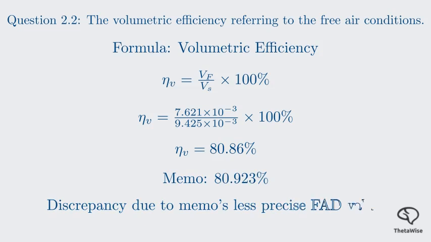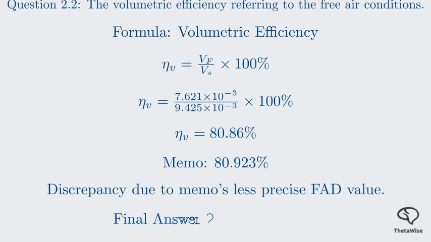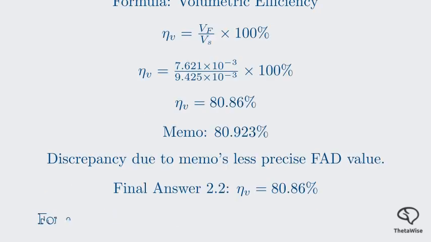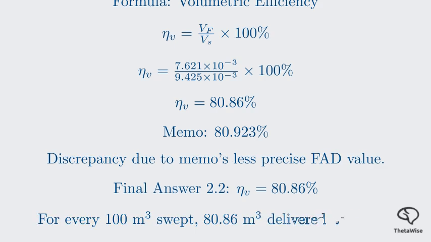Our result of 80.86% is consistent with our more accurate figures. Rounding to 2 decimal places, the volumetric efficiency of this compressor is 80.86%. This means that for every 100 cubic meters of air the piston sweeps, the compressor only delivers about 80.86 cubic meters of air at free air conditions.